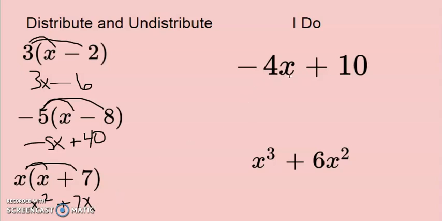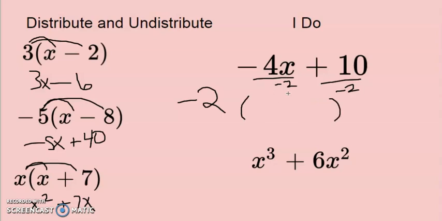We find the greatest common factor of each number. The greatest common factor of 4 and 10 is 2. Since the negative is on the first term, we're going to put a minus sign here. We're going to divide each of these terms by that negative 2, and what's left goes on the inside of our parentheses.